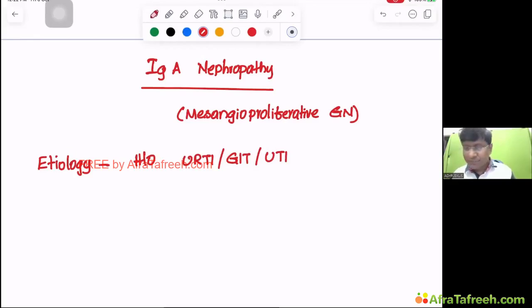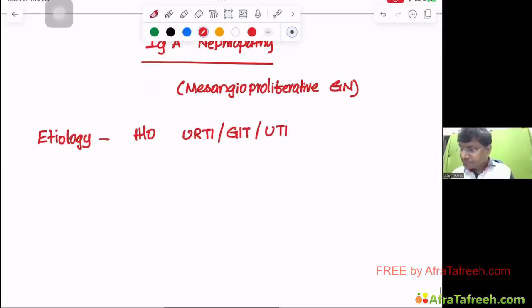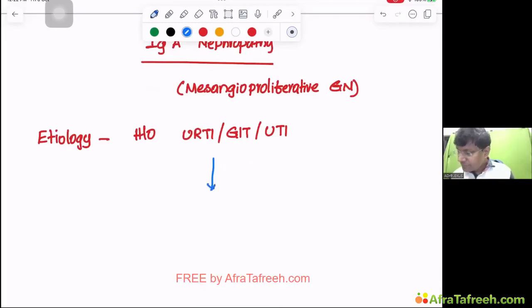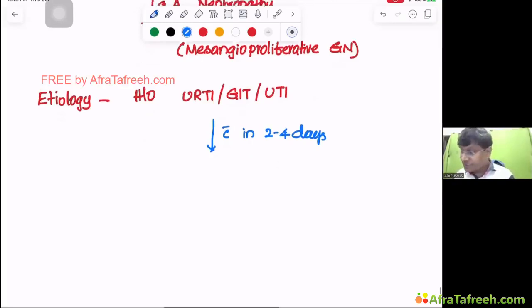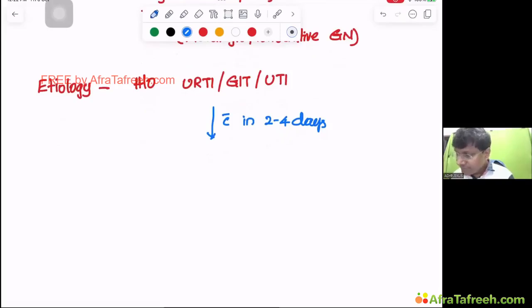Right, they'll give you a history of URTI or GIT or urinary tract infection. Now, within 2 to 4 days of either upper respiratory or gastrointestinal or urinary tract infection, these patients present with gross hematuria.